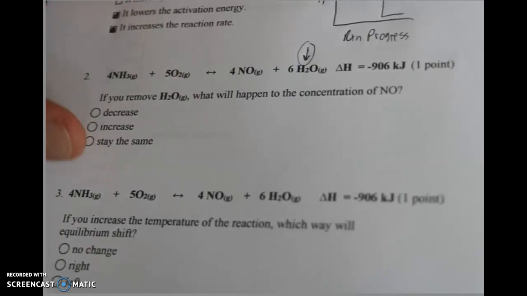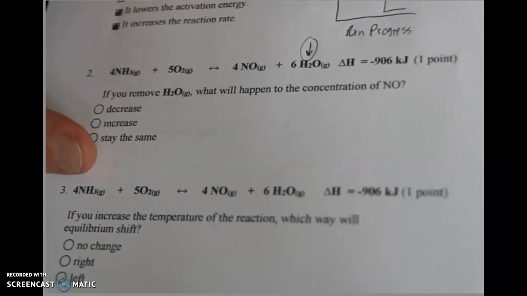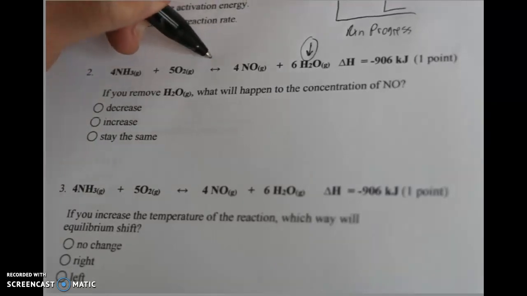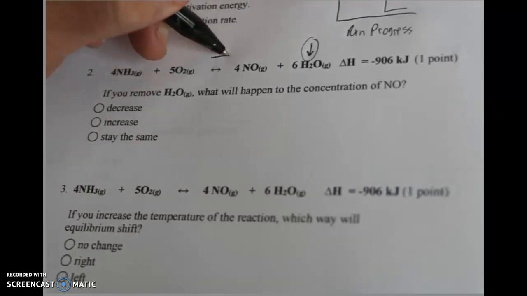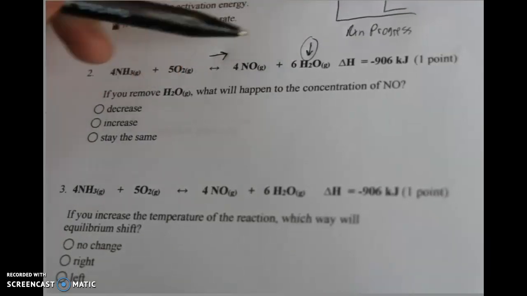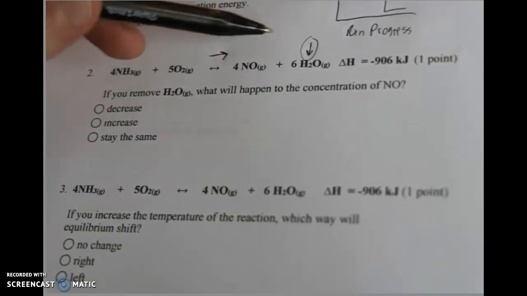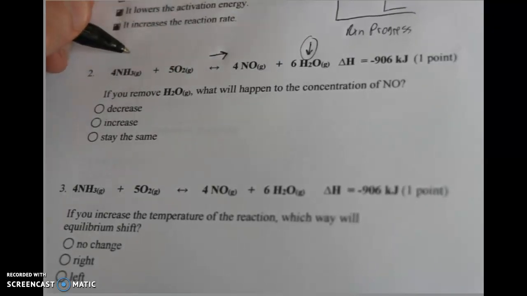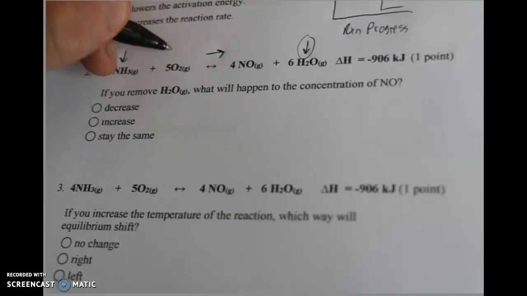So if you take away one of the chemicals, the reaction equilibrium is going to shift to that side. That's how it tries to remake it. So if you take away a product, equilibrium is going to shift to the product side, and the way it makes more product is by using up some of the reactants.